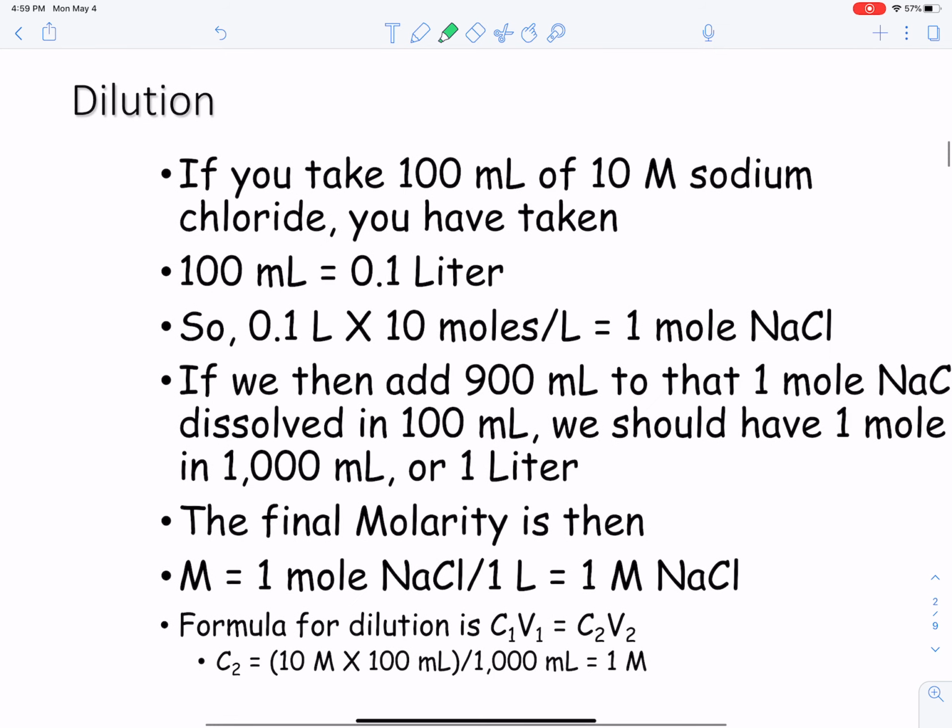In other words, if you take 100 milliliters of 10 molar sodium chloride, we've got 10 moles per liter of the sodium chloride. And then we can walk through how this is going to play out.